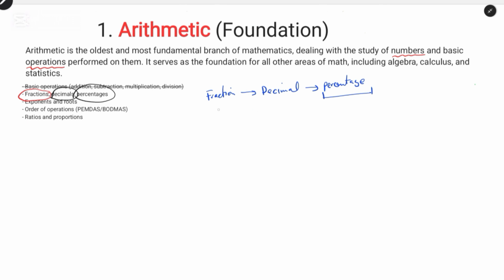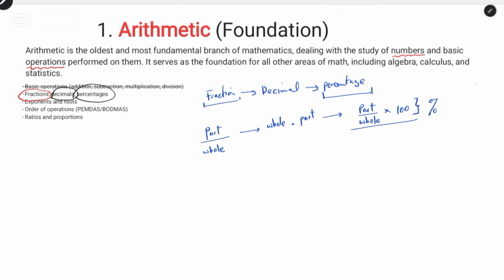We previously know that a fraction is a part out of the whole number, and in terms of a decimal, we have a whole number and a decimal point that separates the part of a fraction. And now in terms of a percentage, it is representing a part out of a whole number, and we multiply by 100, which now gives us the percentage.